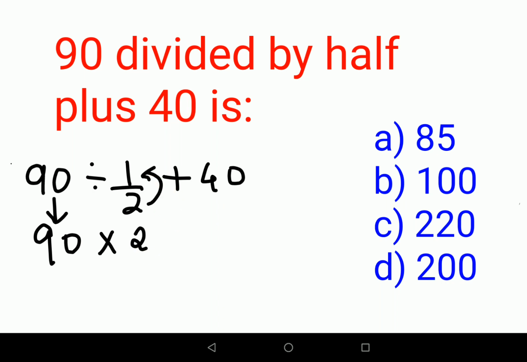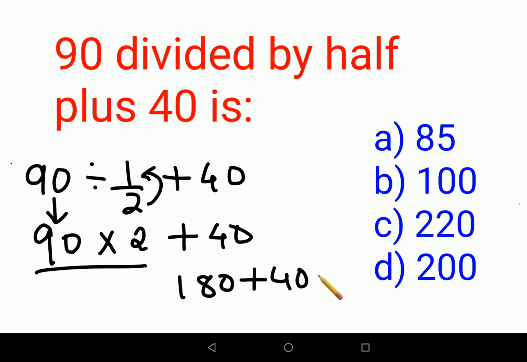So flipping or reciprocal of 1 upon 2 is what? Correct. That is nothing but just 2. And then you add 40 to it. So the answer for this one is what? 180 plus 40. That gets you, my dear friends, option C as your answer. So I hope this is very, very clear to everyone.